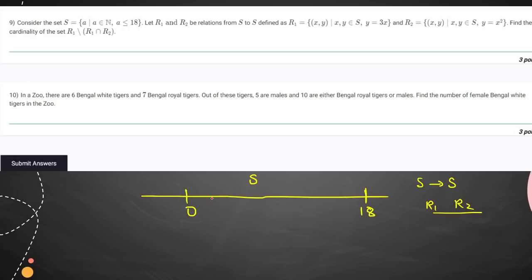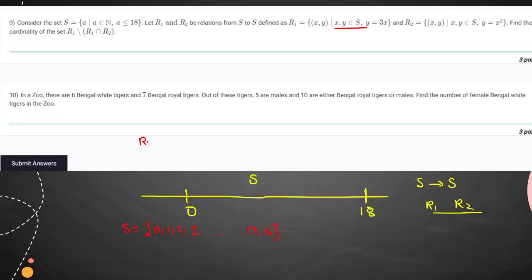R1 is such that x, y belongs to S and y is equal to 3x. So first we will write S, which is 0, 1, 2, 3 up to 17, 18. Now we have to write R1.